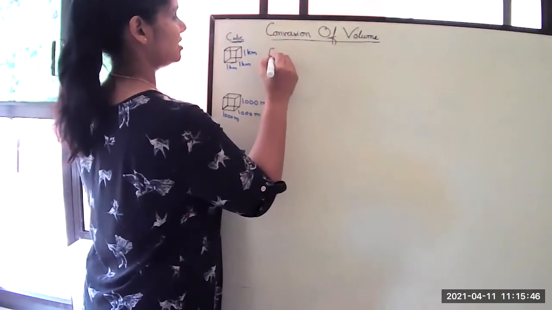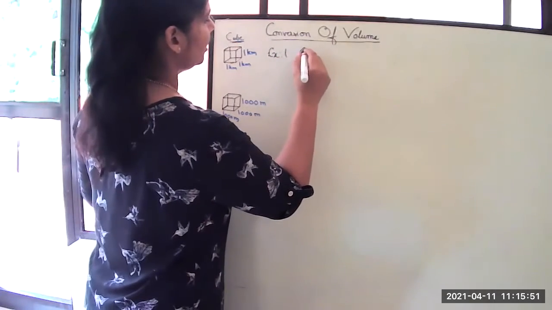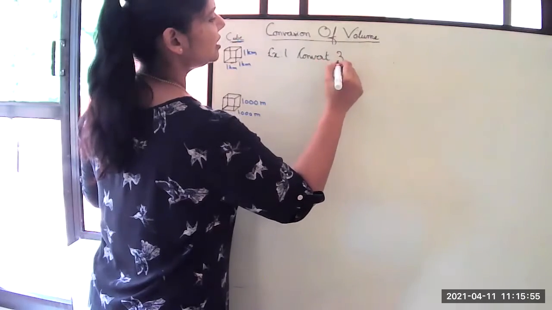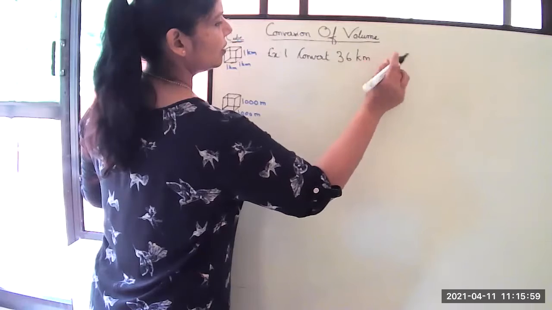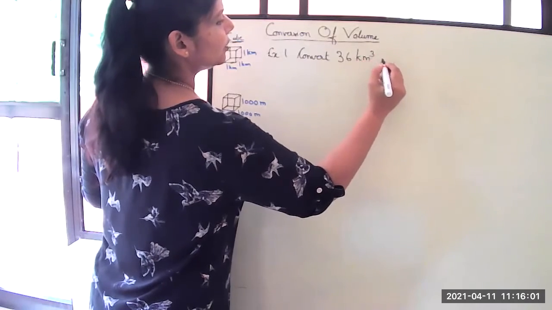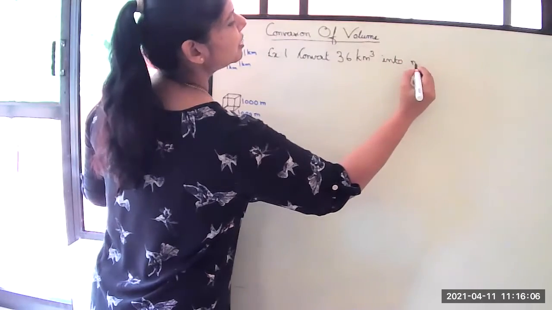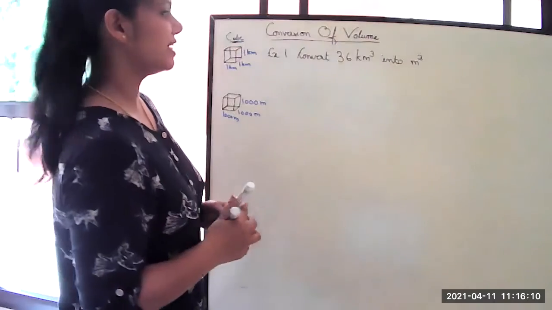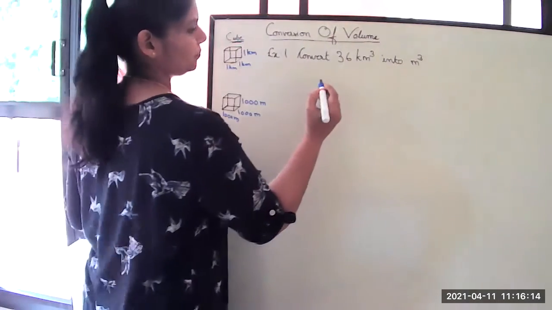So our first example: convert 36 kilometer cube into meter cube.